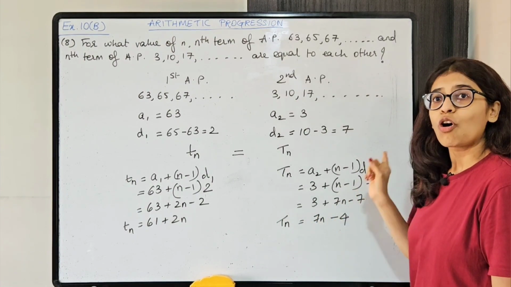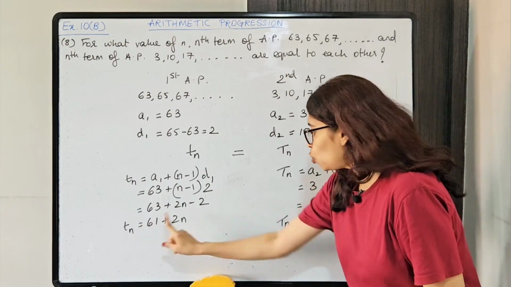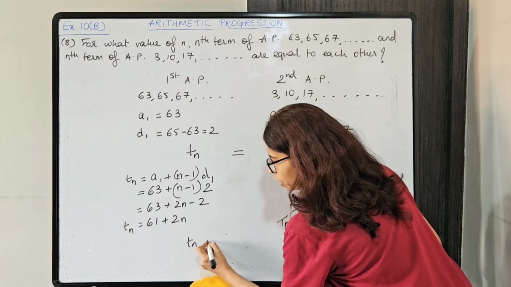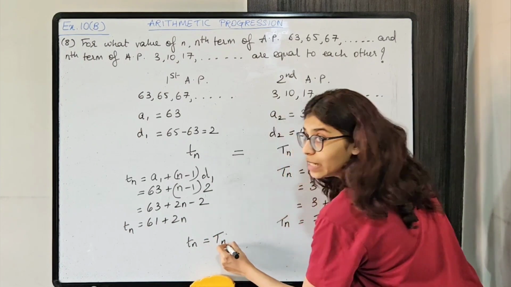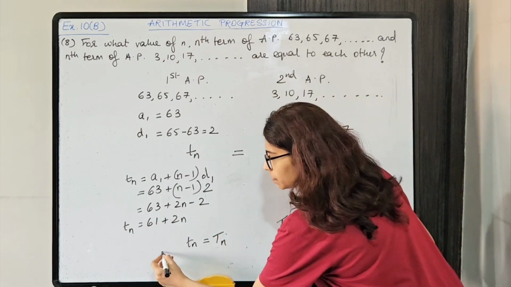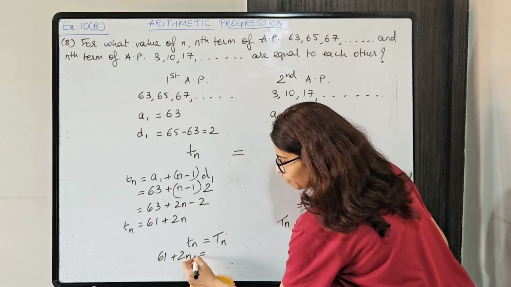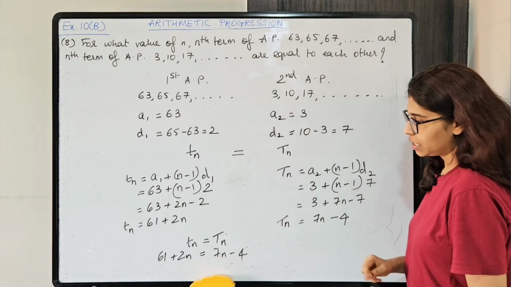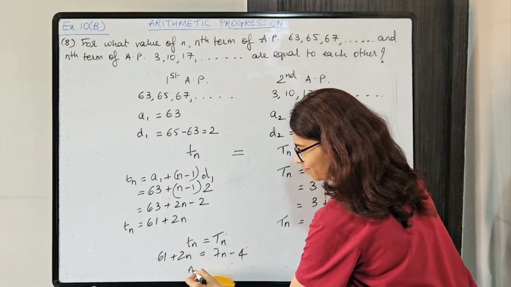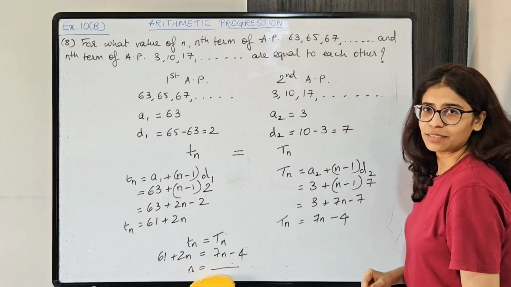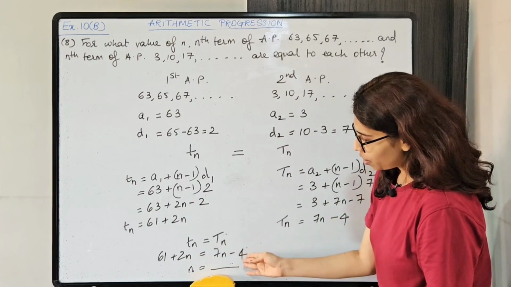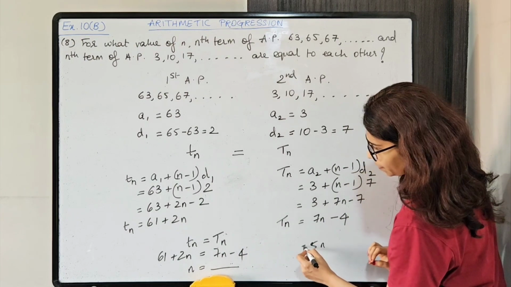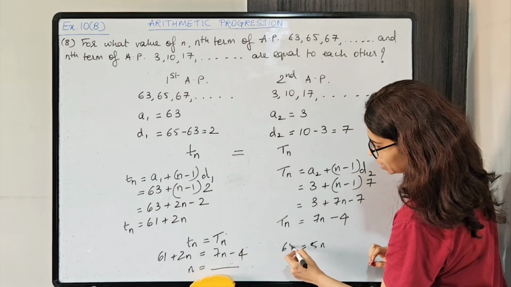You are asked for what value of n दोनों equal होगा, दोनों का nth term equal होगा. So if these two are equal, then 61 plus 2n will be equal to 7n minus 4. Right? Solve करके n का वैल्यू मिलेगा. Right, from your only you can say ये हो जाएगा 5n, and 61 plus 4 that will give 65.